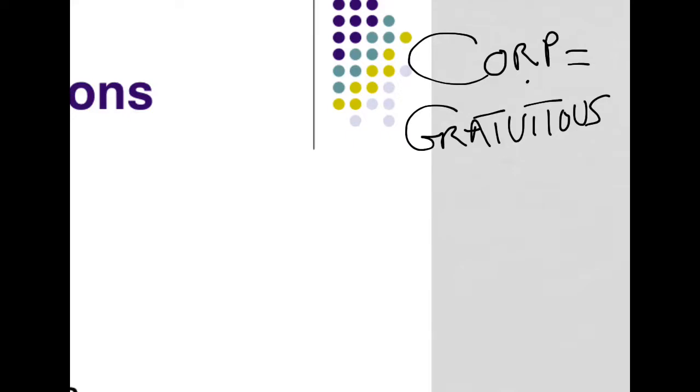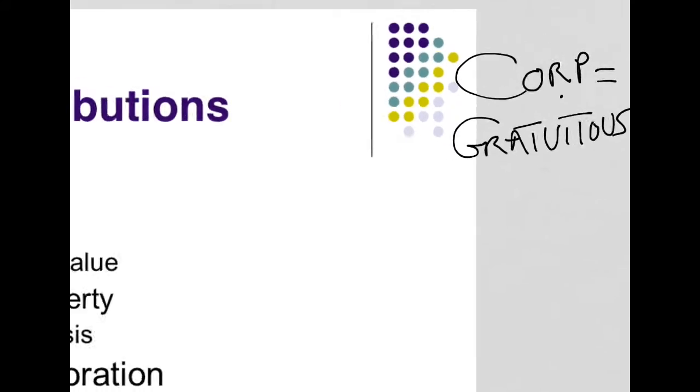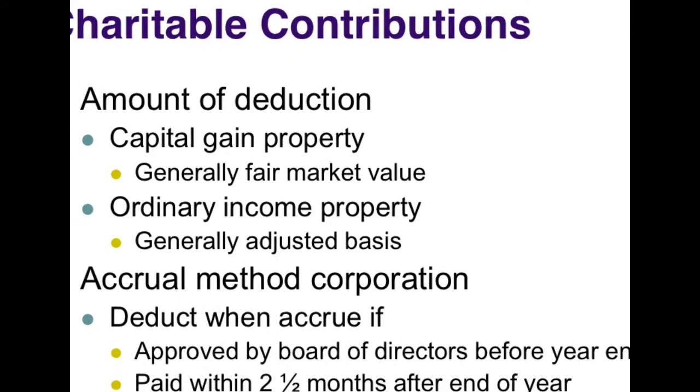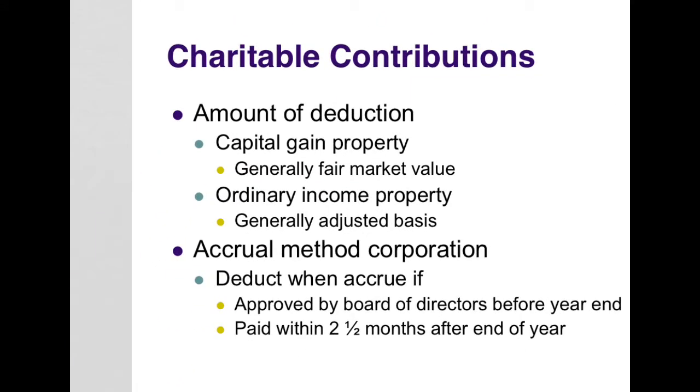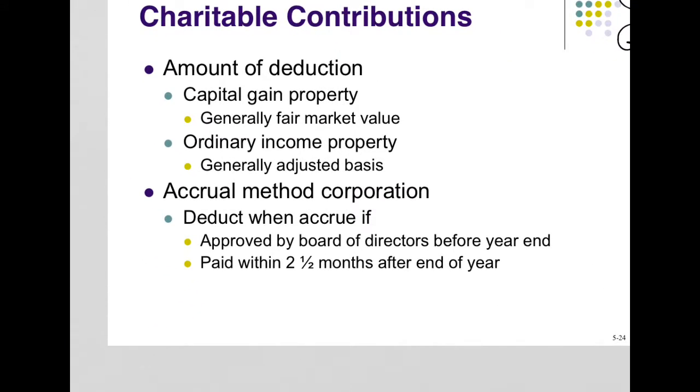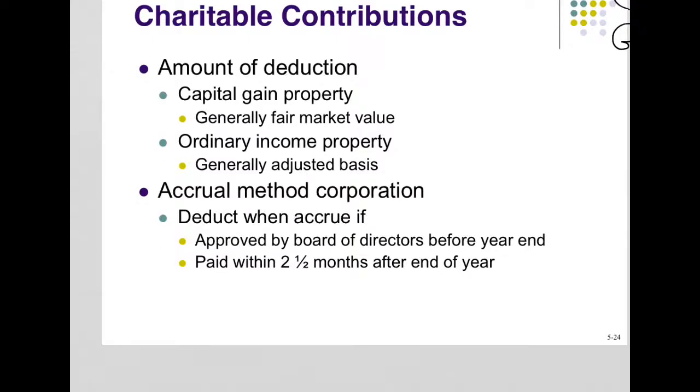Corporation doesn't have a heart, doesn't have a soul like you do. You have a heart and a soul that says, yeah, I want to make a gift to somebody. Corporations don't do anything other than for its own profit, according to one theory of taxation. So therefore, the amount that is deductible in a C corporation for gifts or charitable contributions is going to be strictly limited, and that's what we want to learn about now, what those limitations are.